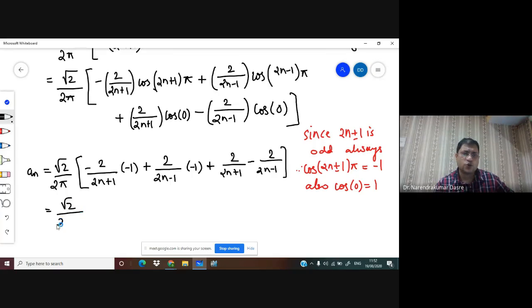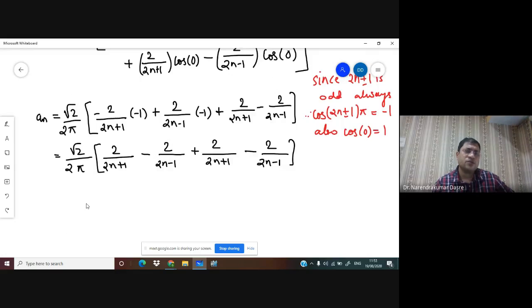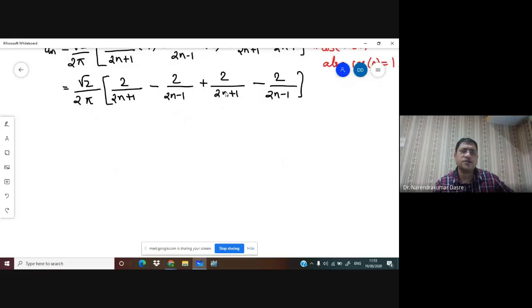Okay, let us simplify this term. So it is root 2 upon 2π. This minus minus will become plus. So 2 upon (n+1), this will become minus 2 upon (n-1), plus 2 upon (n+1), minus 2 upon (n-1). Now we can see that this term and this term can be added, this term and this term can be added.